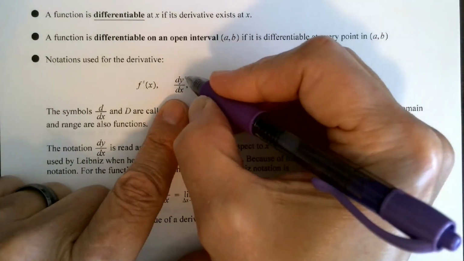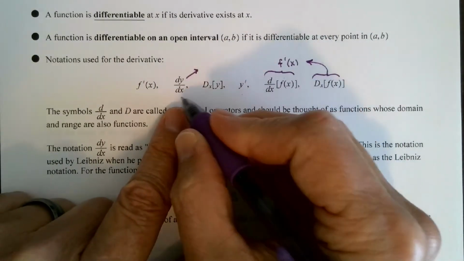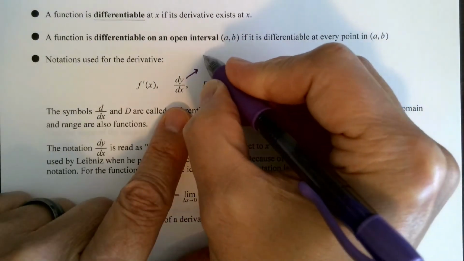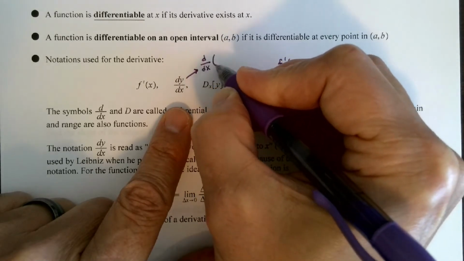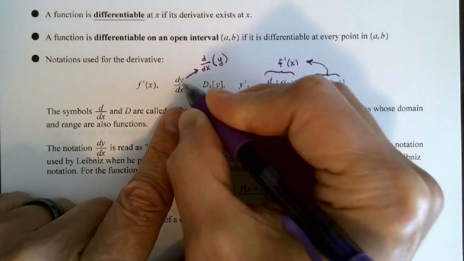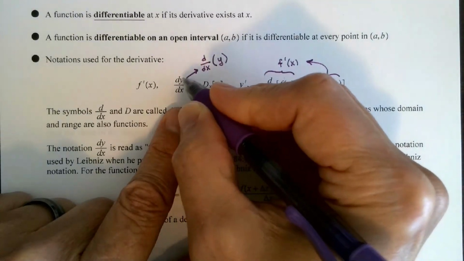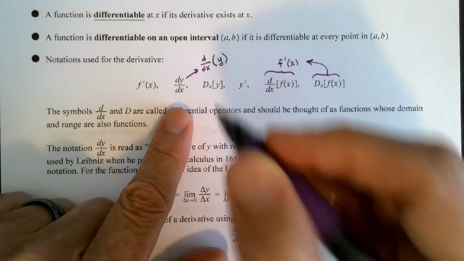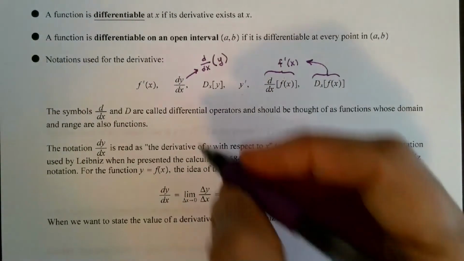Now notice that with this differential operator notation, this right here is the same as the derivative with respect to x of y. dy dx is the derivative with respect to x of y. So don't think of this as being a fraction, dy and dx, as being quantities in and of themselves, although we can sometimes think of it that way.